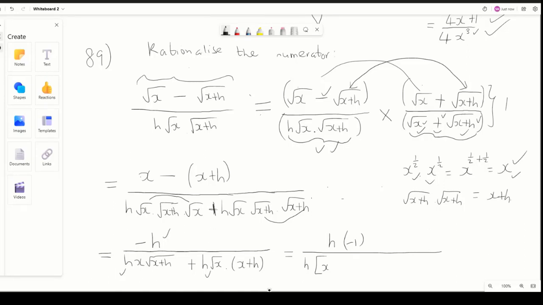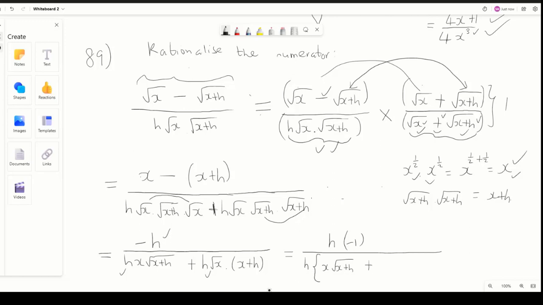Well, I can keep it like that. There's no harm, but I'll have this. I'm taking h out as a common factor, guys. Let me just use a curly bracket here, because this may cause confusion with the square root.